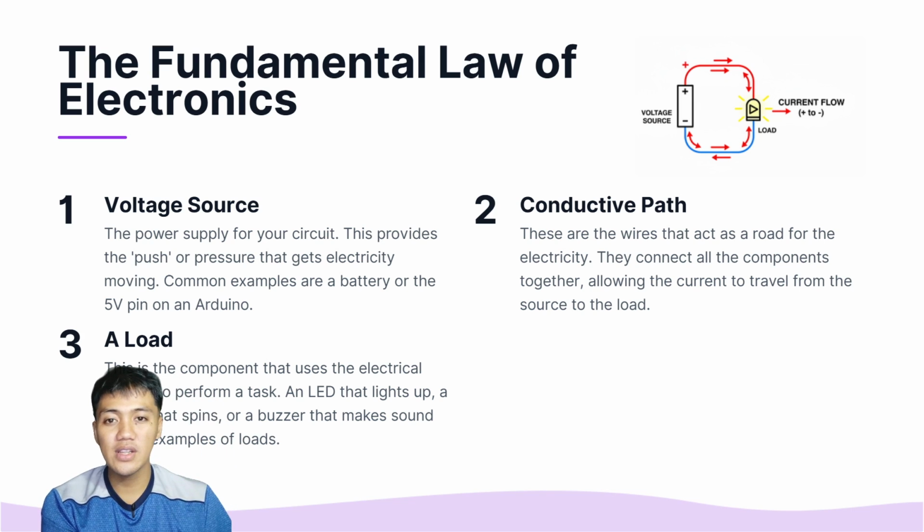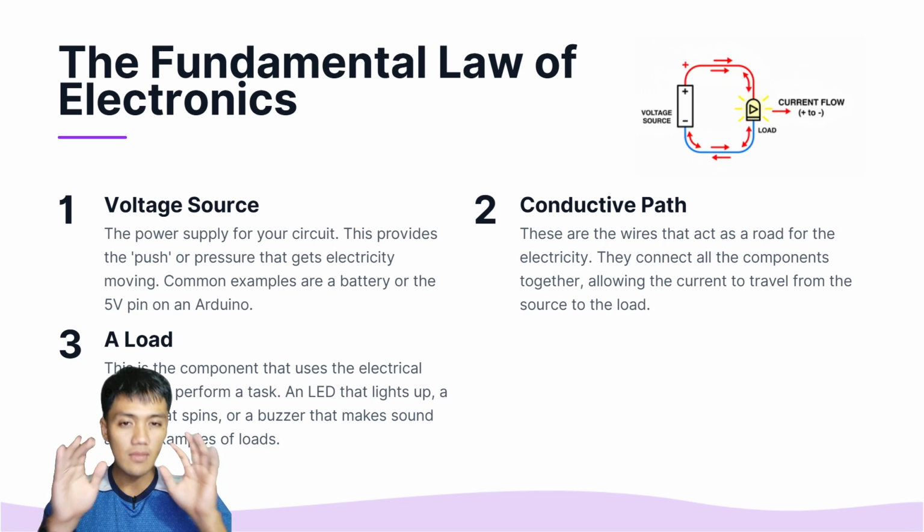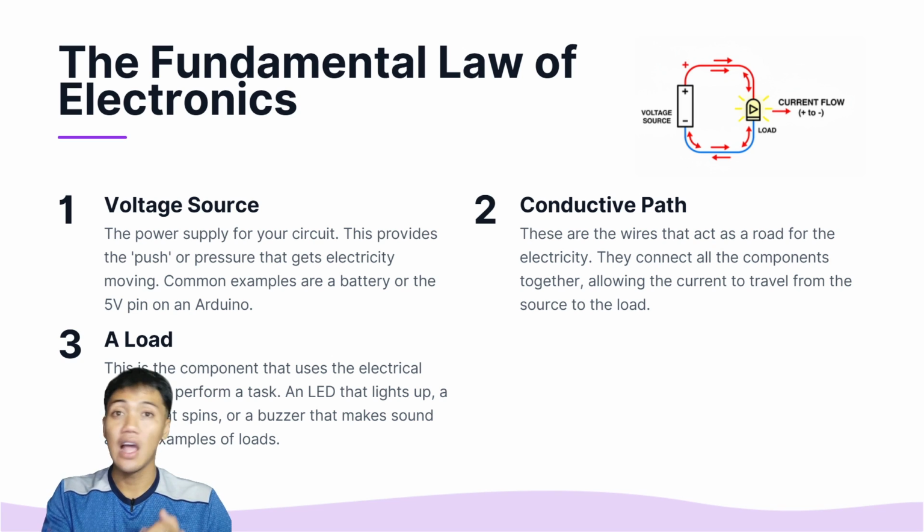This is the component that uses the electrical energy to perform your task. So in our case, the LED is the load. Your voltage source is the Arduino, the 5-volt pin. The conductive path is your wire. The rails in your breadboard, these are your conductive paths.